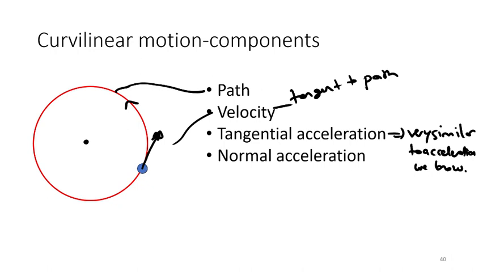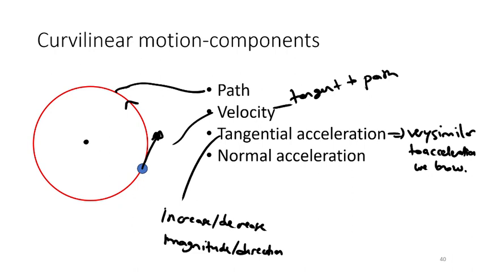Since the velocity is tangential to the path, the tangential acceleration increases or decreases the magnitude of the velocity. This one is very important: it increases or decreases the magnitude, tangentially.